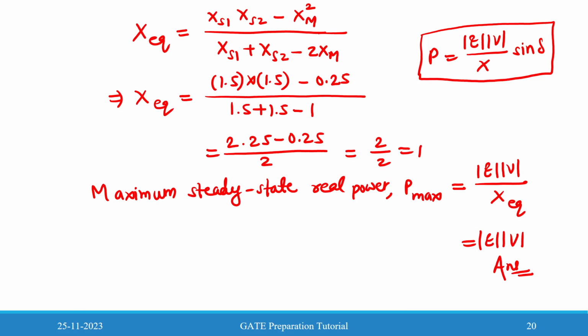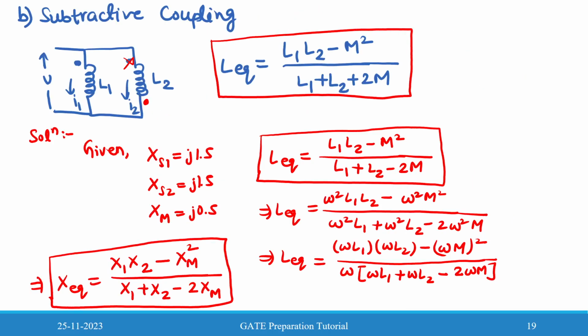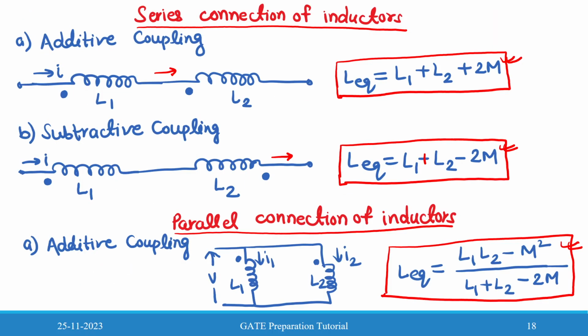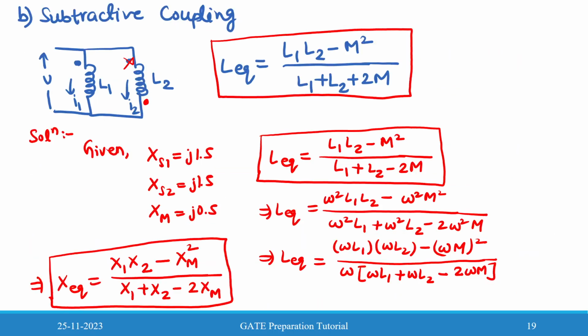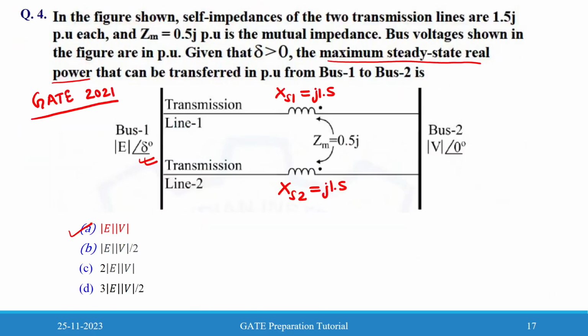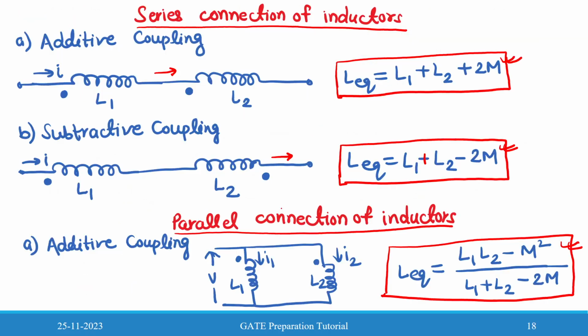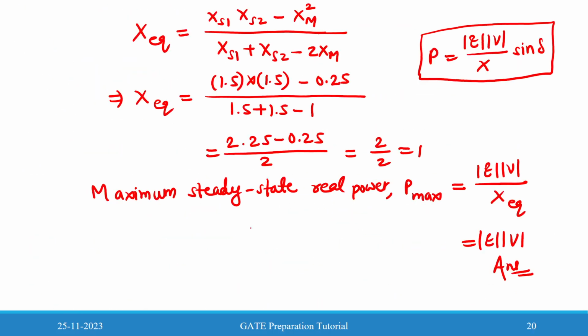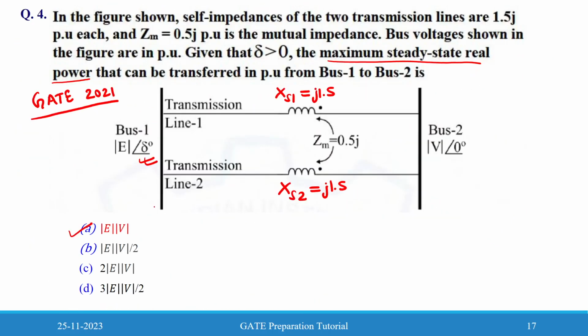Here we are going to use the parallel connection of inductors, and we have to use the additive coupling, because in the given figure we can see the dots are on the same side for both the lines. So we will use the additive coupling and find the equivalent reactance between the buses, and you put this value in the maximum steady state real power expression, mod E into mod V over X. You will get the answer. So the correct option is A.